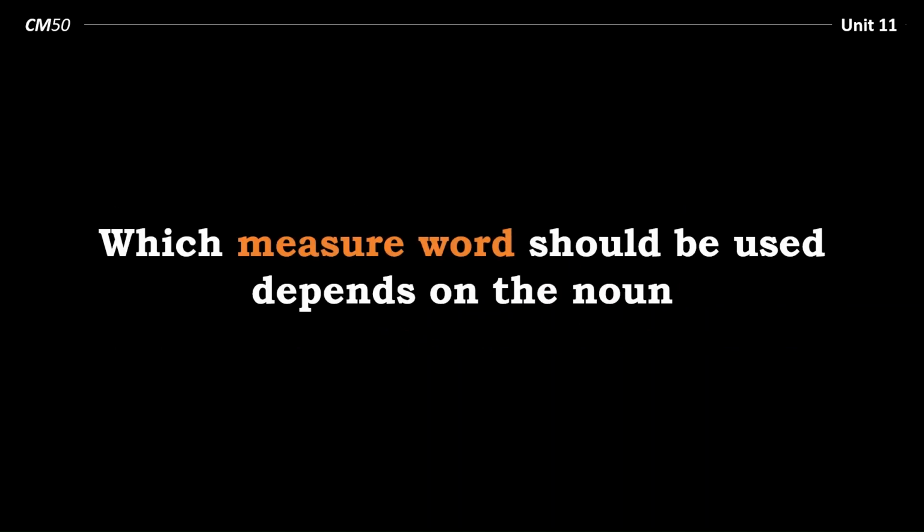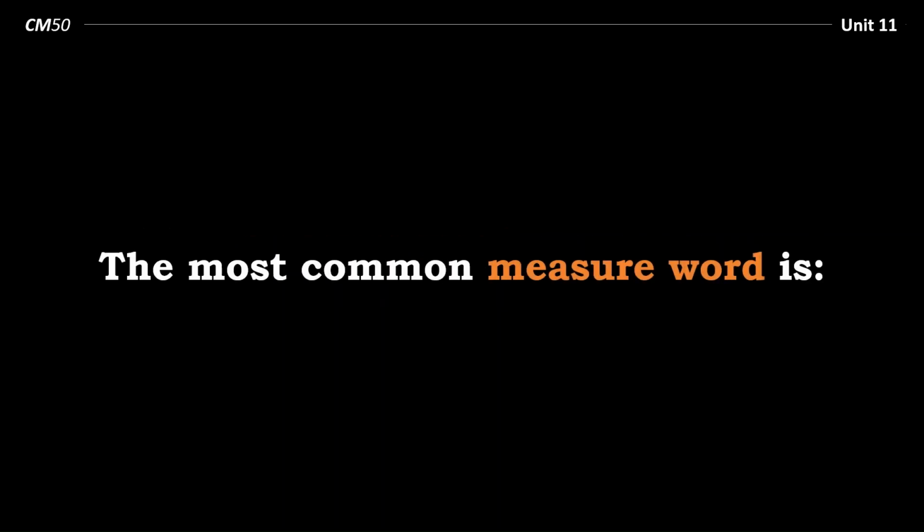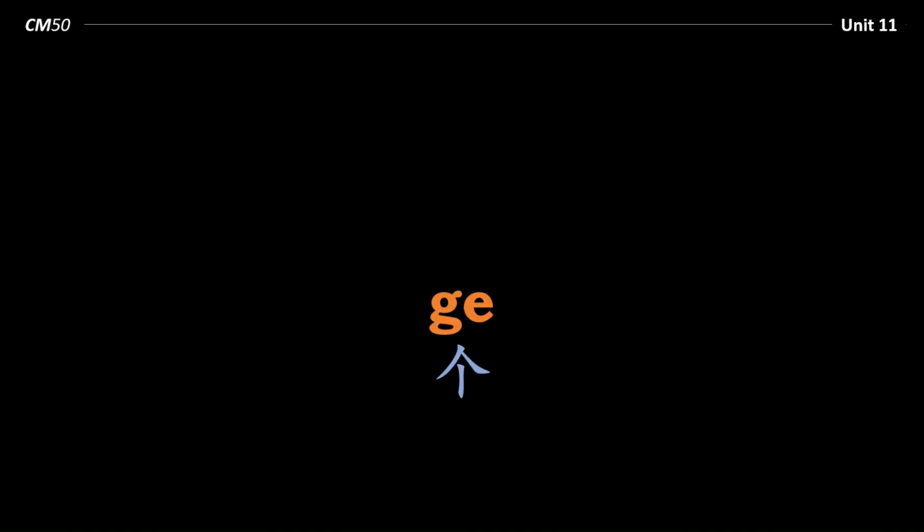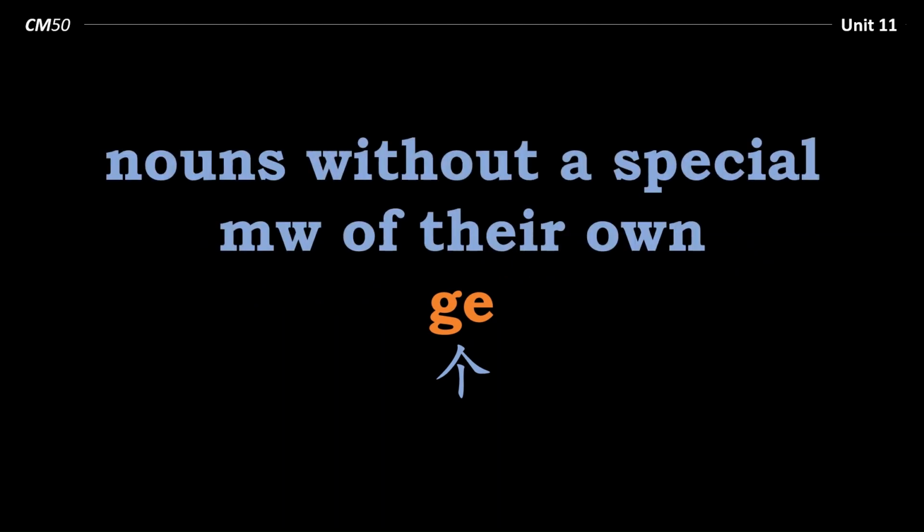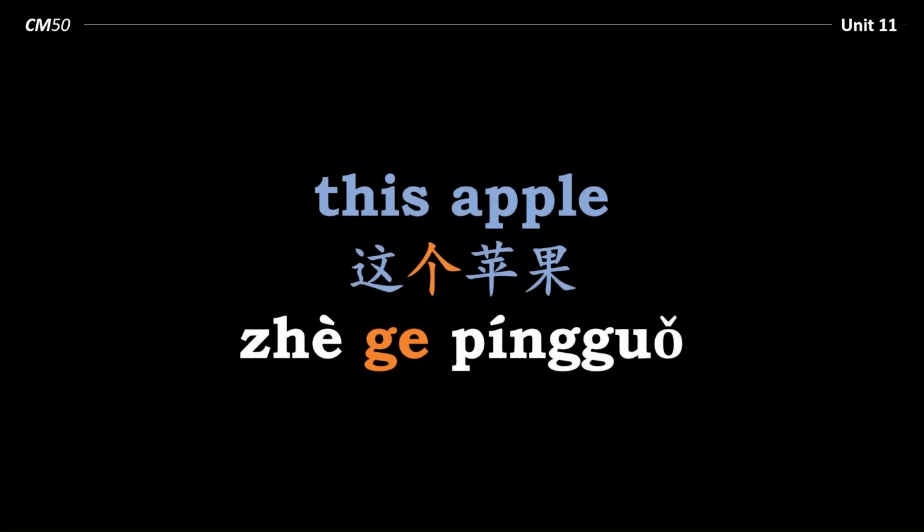Now, which measure word should be used depends on the noun itself. And the most common measure word in Chinese is ge. And this is what we saw at the end of the last video. So what is the function of ge? What is its use? It's for nouns without a special measure word of their own. And again, in the previous video, we saw an example of this. This apple, 这个苹果.